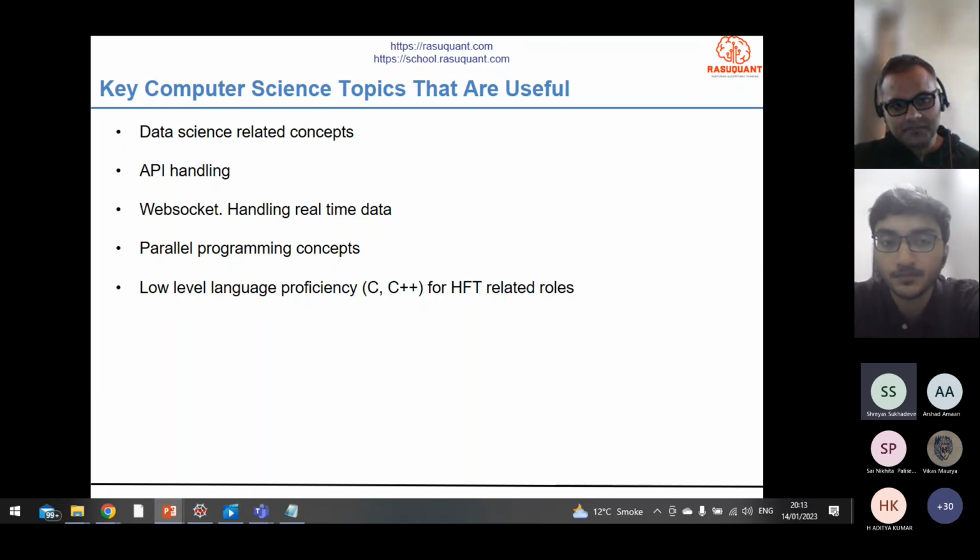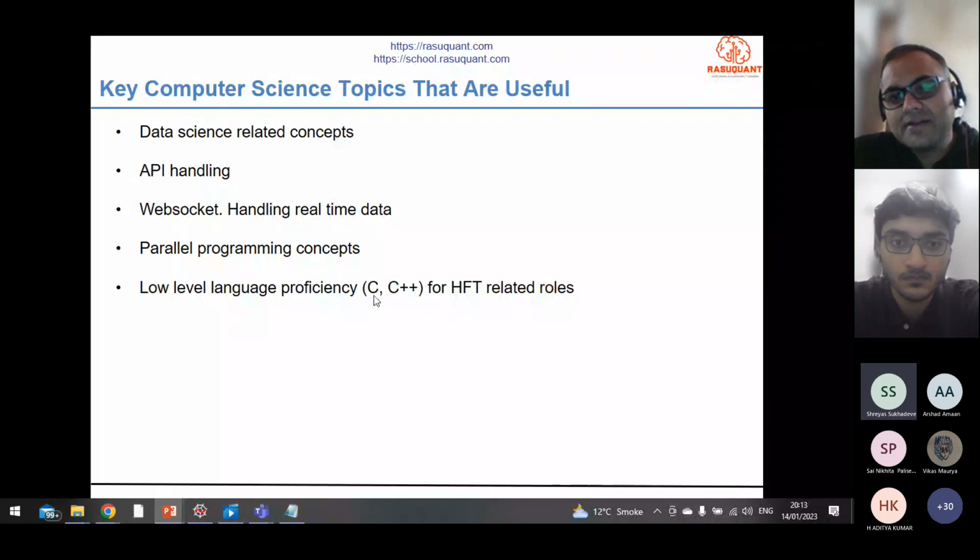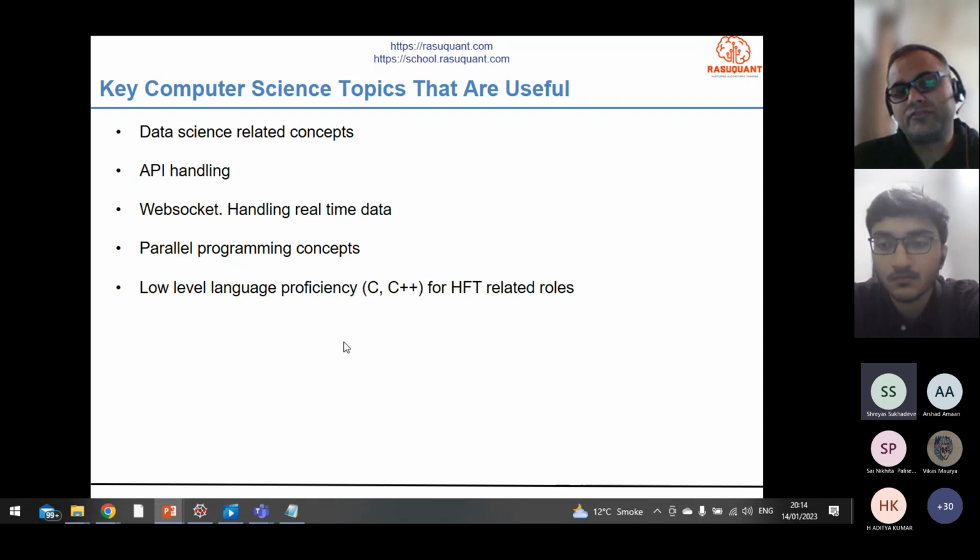So parallel programming concepts are very important, and this is only for HFT, because Python is easier, it's a fun language, but it's slower, right? So if you're interested in HFT related roles, you need to know some C and C++, because that's what all the algorithms are written in, just for the efficiency. C is a lower level language.